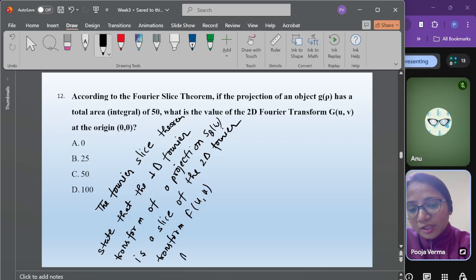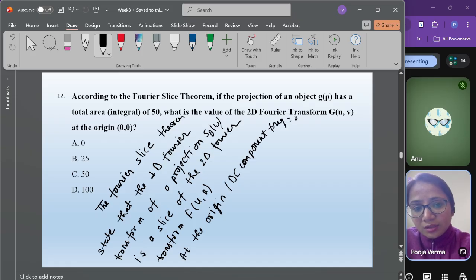So at the origin, we already know the DC component, where frequency is equal to 0, right? And the Fourier transform represents the sum of the signal.